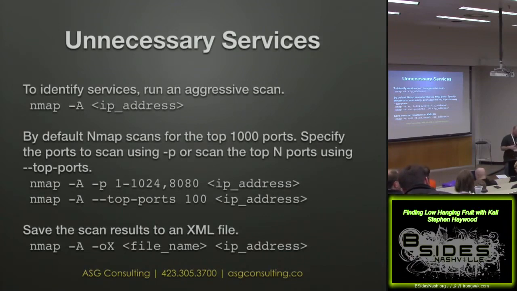Okay. So if we want to identify the actual services, it's one thing to see what ports are open on a box, but we want to know what services are there and if those are the services that we actually expect to be there. So we can use the -A switch, which is aggressive. So it's going to start doing some service scanning. It'll run some of the Nmap scripts. We'll talk about the Nmap scripts in a second.